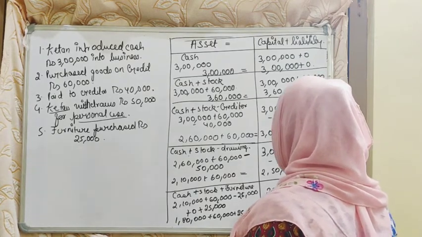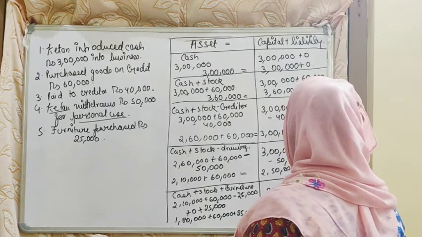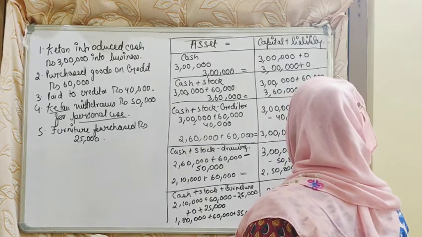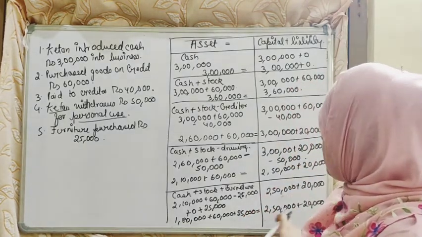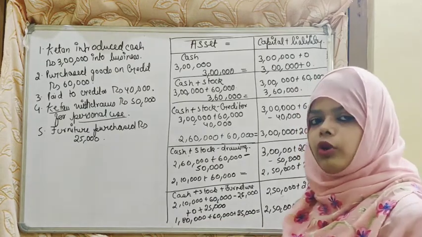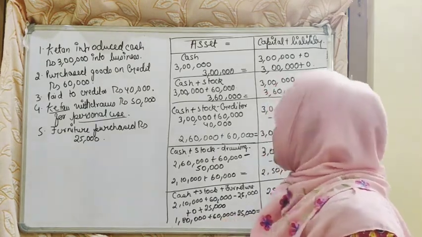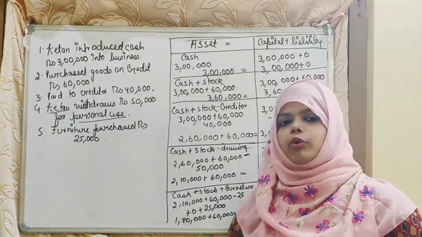So the equation is 2,50,000 plus 20,000. So here we come to the equation of 2,70,000. Here 1,80,000 plus 60 plus 25 is also equal to 2,70,000. The equation is same on both the sides.